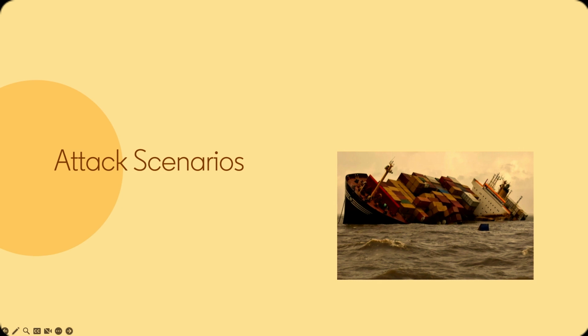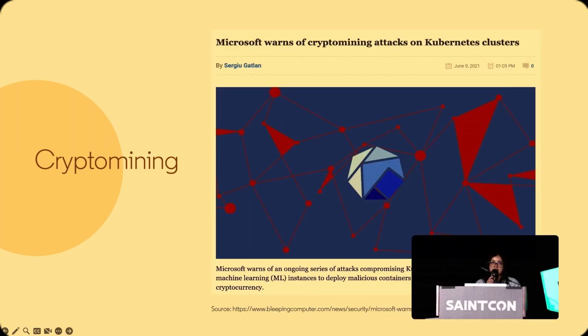Now let's talk about some attack scenarios. So crypto mining and cryptojacking remains one of the most popular attack vectors as far as containers and container orchestration is concerned. And the primary objective being to hog computing resources, right? Now that being said, it comes with an inherent risk of sensitive data being exfiltrated.